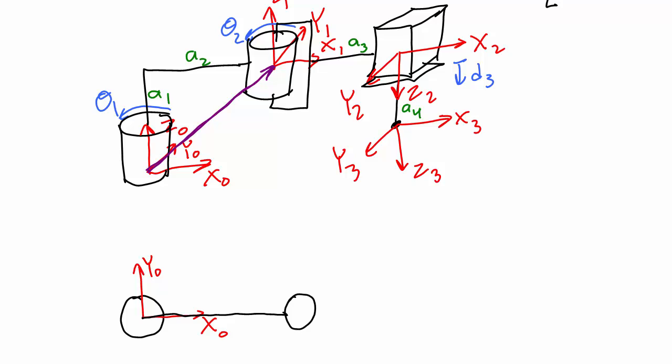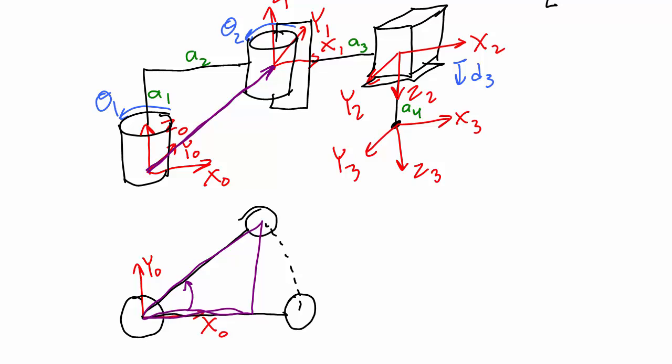In that case, we would see joint 2 having moved up to about here, and the link A2 would be seen like this. In this case, the displacement from frame 0 to frame 1 is no longer entirely in the x direction, but instead it has an x component and a y component, and we can see that from this triangle right here.